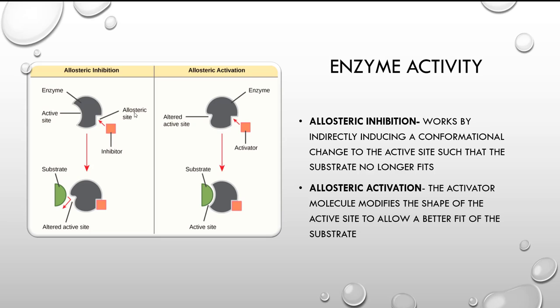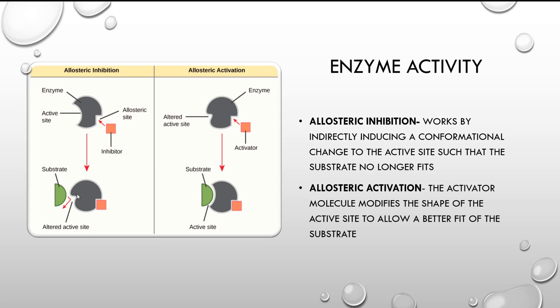So that new site is called the allosteric site. And when it does so, it changes the shape of the active site. So now that active site is no longer a shape that the substrate can bind to. So that effectively prevents the substrate from binding to it, and that prevents the enzyme from working properly. So you get non-competitive inhibition.